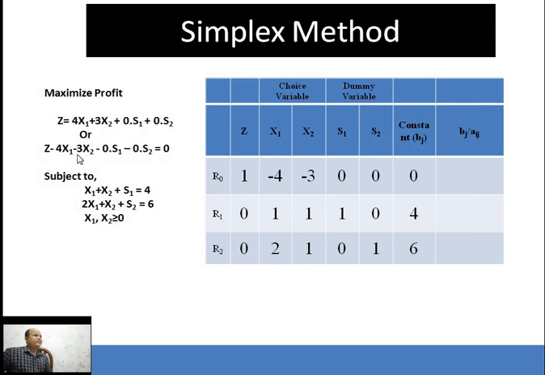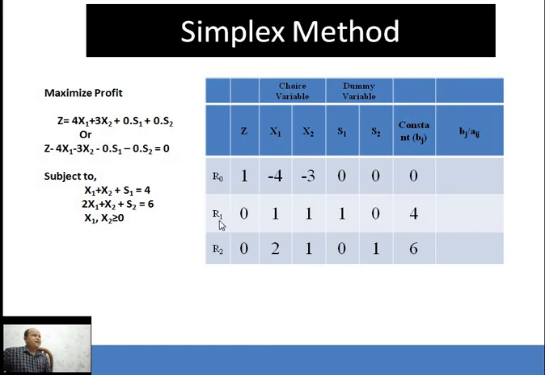Coefficient of x2 is -3, so it is -3. Coefficient of s1 is -0, so it is 0. Coefficient of s2 is 0, so 0. There is no constant, that is the constant part is 0, so it is 0.